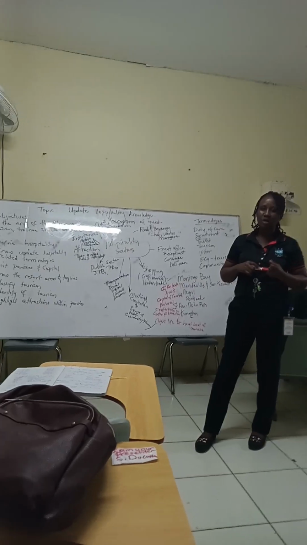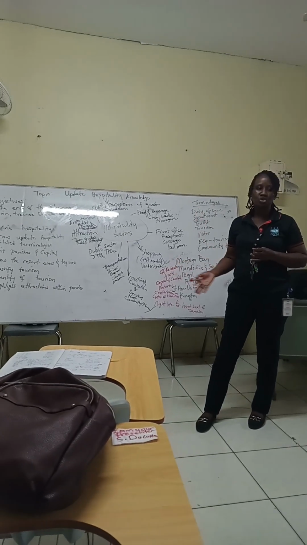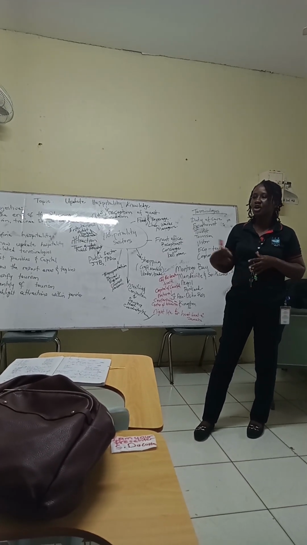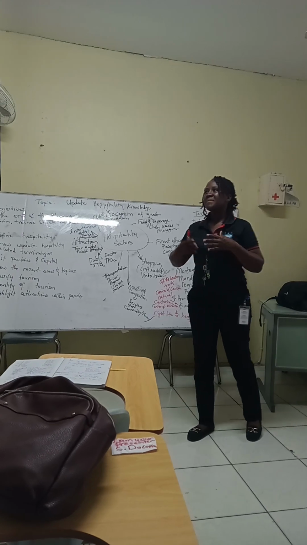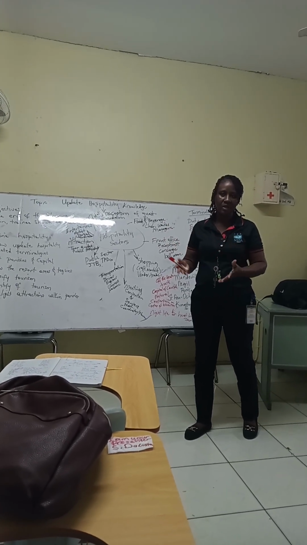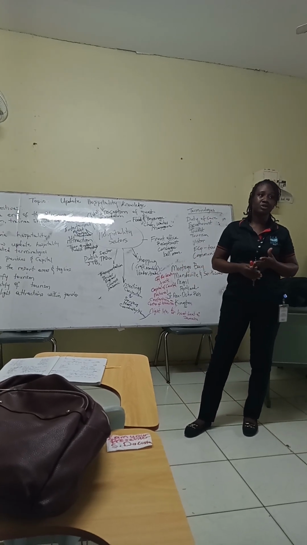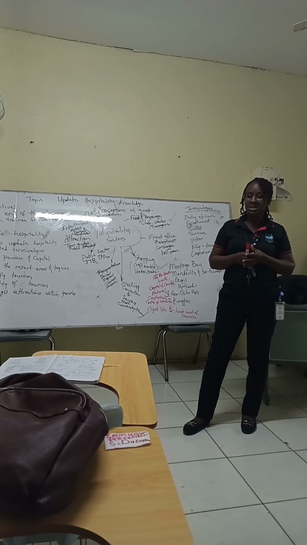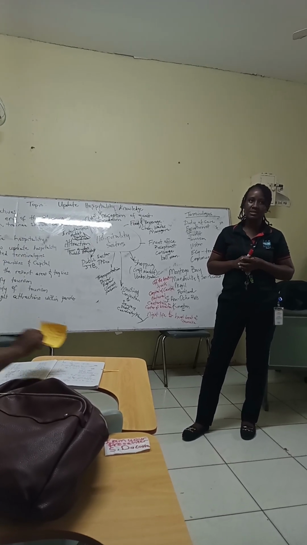On the non-commercial, where you find institutional and industrial. Now, industrial will make a little, but they are not necessarily in the business to make money. So we talk about some of the government entities, tax office, police station, and some of those places.